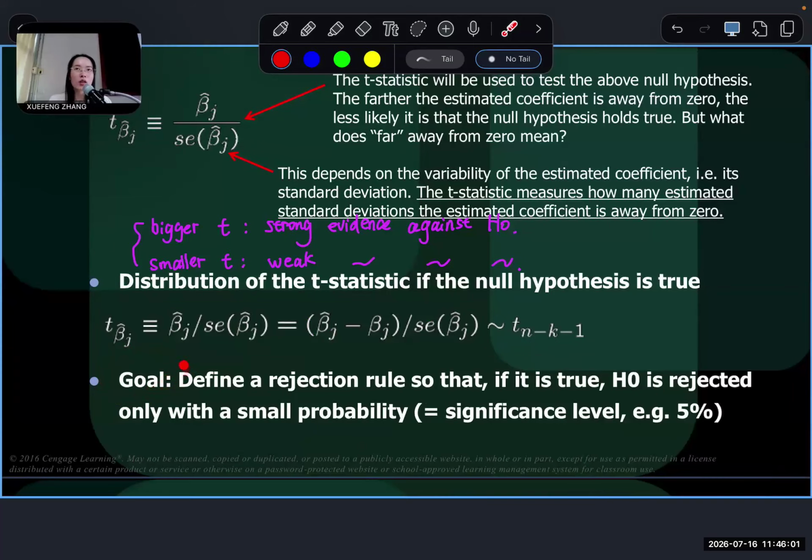Here is the goal. We want a rejection rule. We pick a cutoff so that if H0 were actually true, we'd only reject it a small percentage of the time. Usually 5%, okay? This 5% is called the significance level. Next slide will show exactly how we set that cutoff, okay?